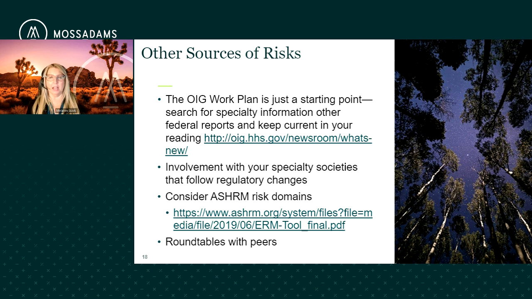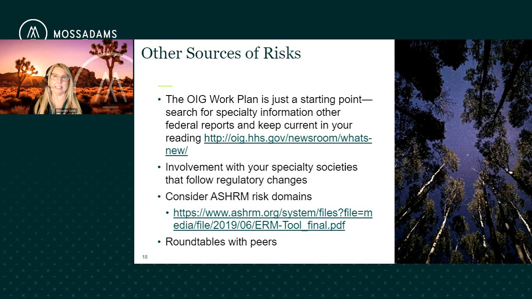So yes, while there's not a lot of different pieces on here, these are other sources for risks. Like we have mentioned, the OIG has a work plan. On that website, there is the full plan for the year, and they add items on an ongoing basis. So there's lots of great information to find out about what's on the mind of the OIG.